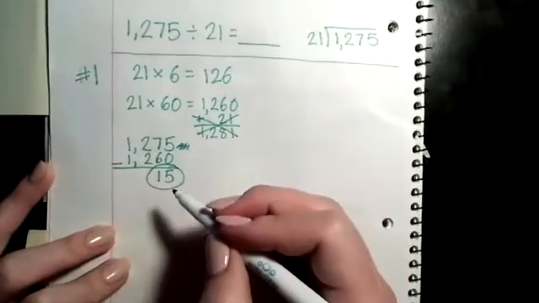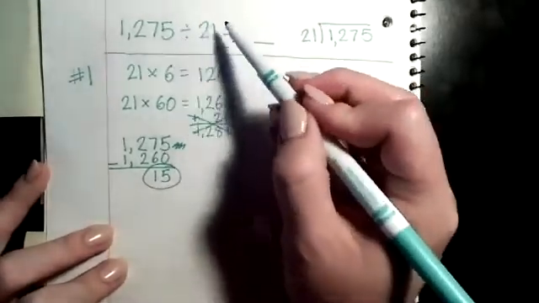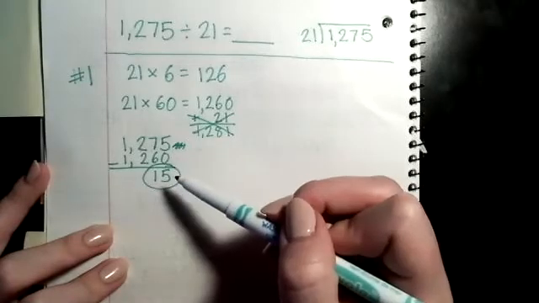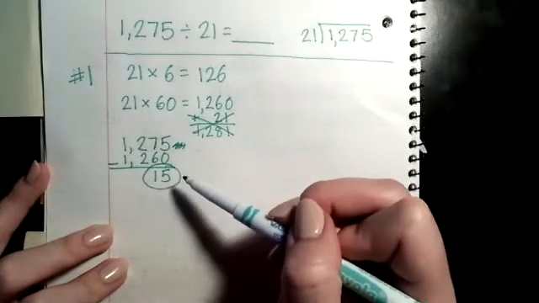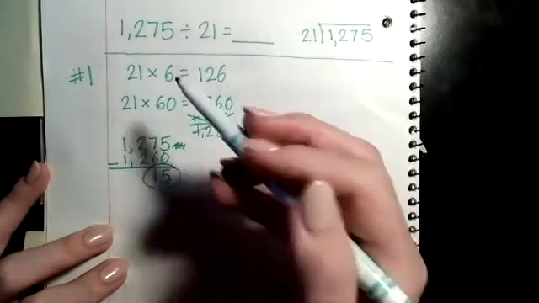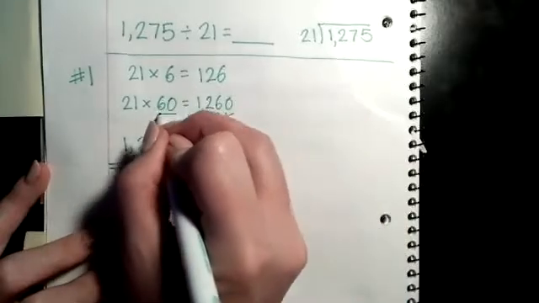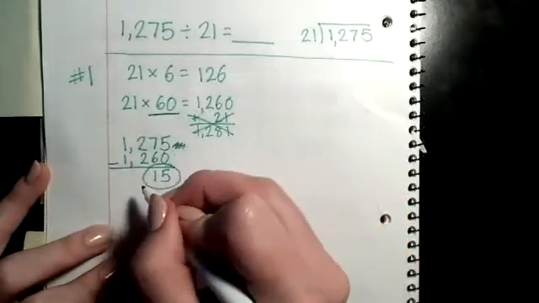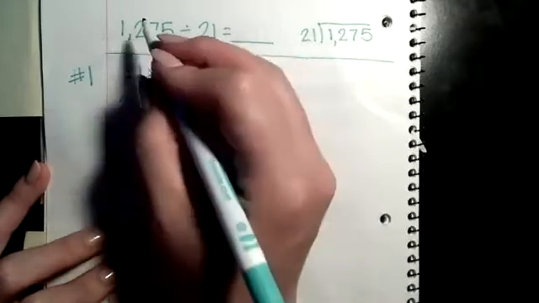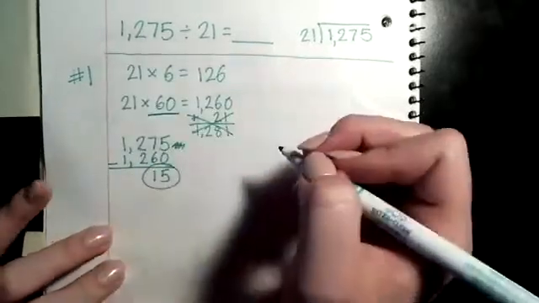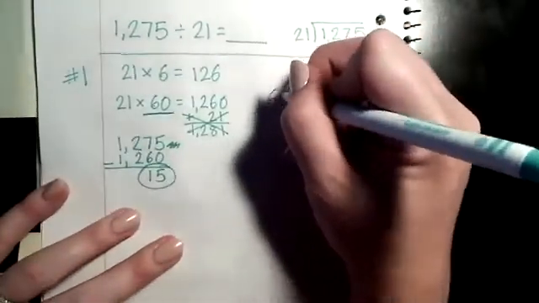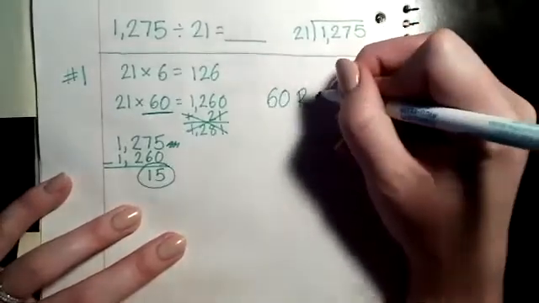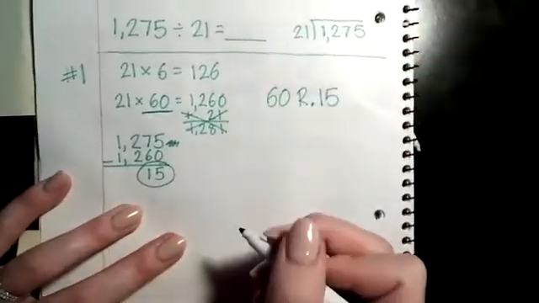I'm going to double check, make sure that I cannot fit a full multiple of 21 into 15. I can't, it's too small. So that means I am going to have a remainder. So I multiplied 60 times to get to this number, and then I'm going to have this many left over to get to my final answer. So my answer for number 1 is going to be 60 multiples with a remainder of 15.